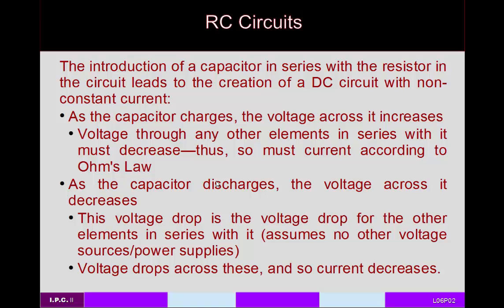On the other hand, as the capacitor is discharging, the voltage across it is decreasing, and that voltage drop ends up being the voltage drop for all the other elements, again in accordance with Kirchhoff's loop rule. And so as the voltage drops across the capacitor, the voltage drops across everything else in the circuit, and so the current is decreased. So I want to look at all that in just a little more detail.